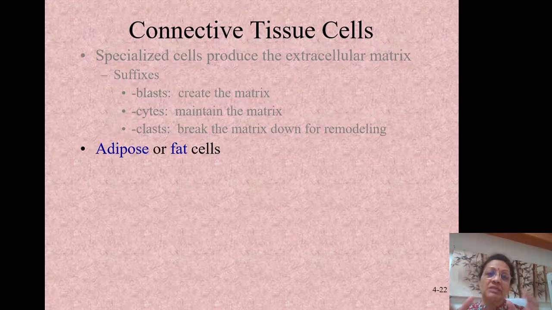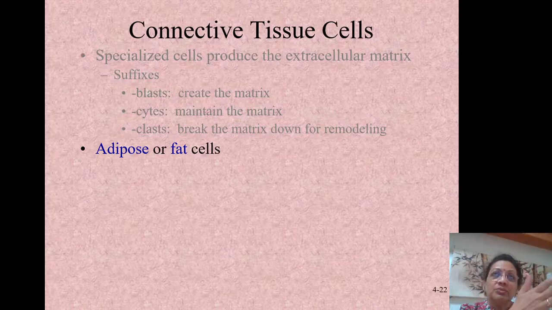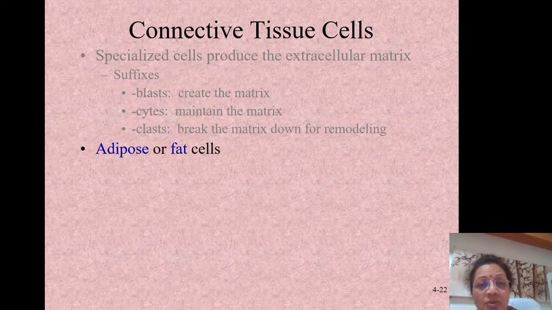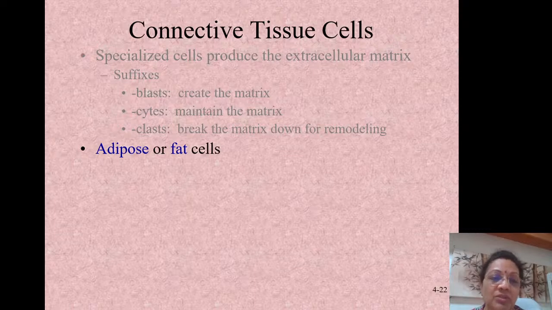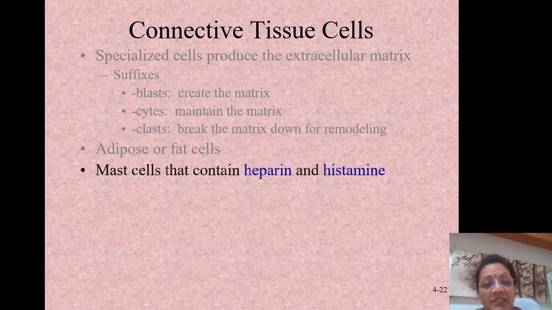So the specialized cells of any line, of any cell line, will continue to make only that specialized kind of matrix, and they will be named as per the specialization. So osteo would be all to do with bone, chondro would be all to do with cartilage, and so on and so forth. Then I already mentioned that one specialization is fat cells or adipocytes.